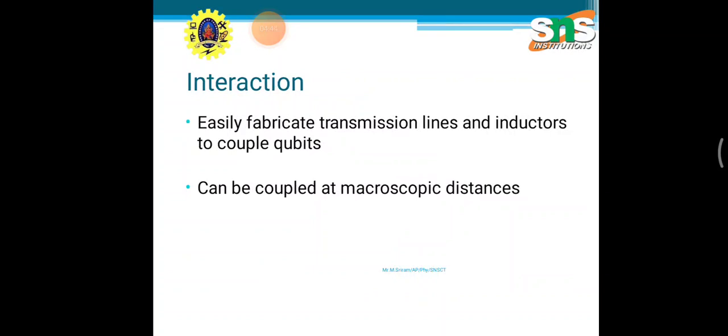For interaction, we can easily fabricate transmission lines and inductors to couple circuits, so they can be coupled at macroscopic distances.